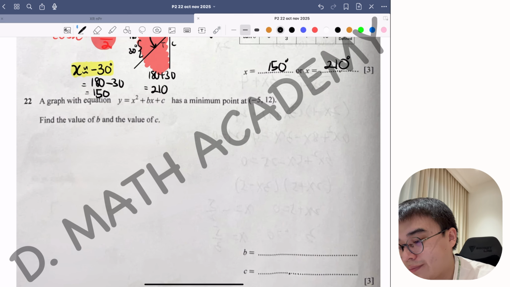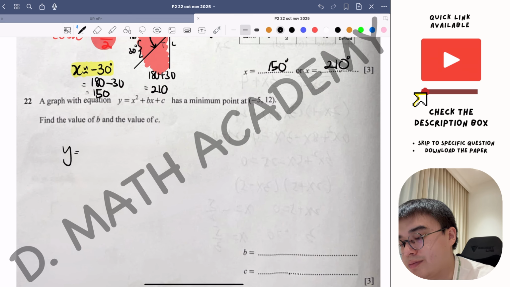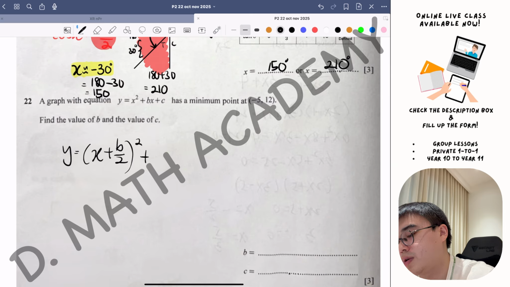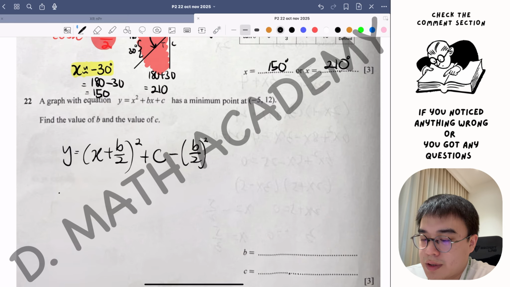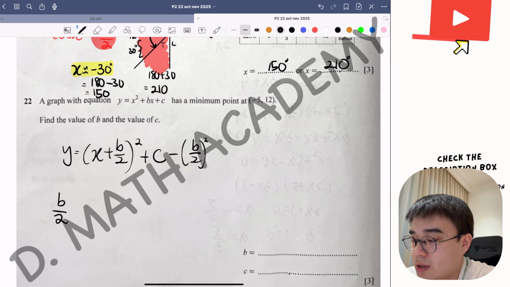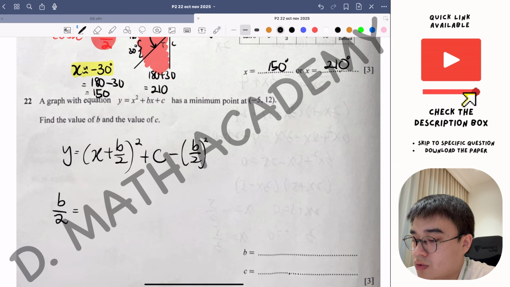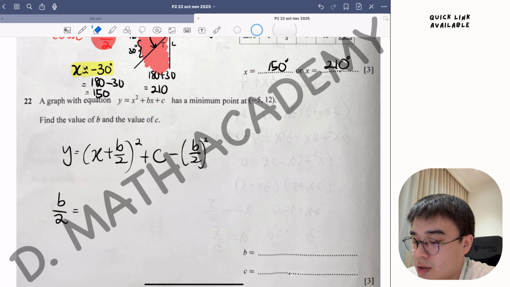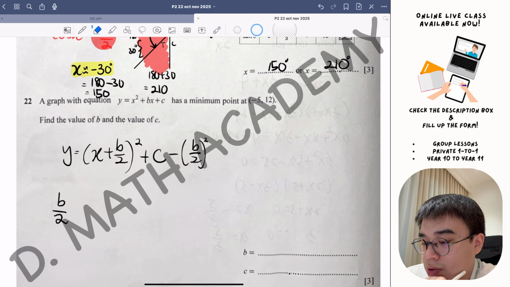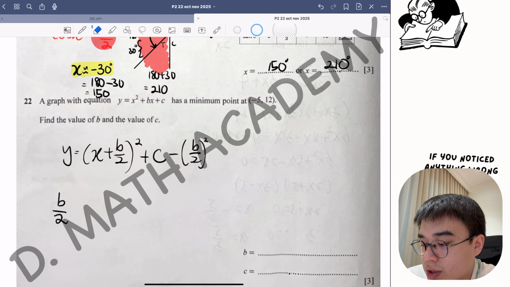If I decided to use completing the square, I'd be taking x plus b over 2. So I will get my b over 2 immediately equals to my, yeah, correct.